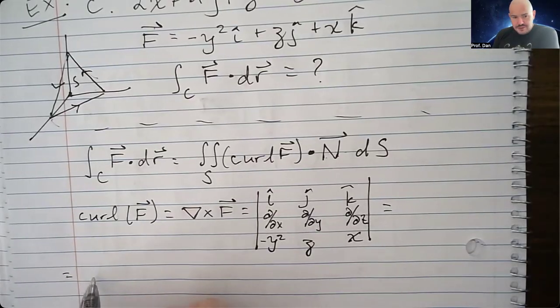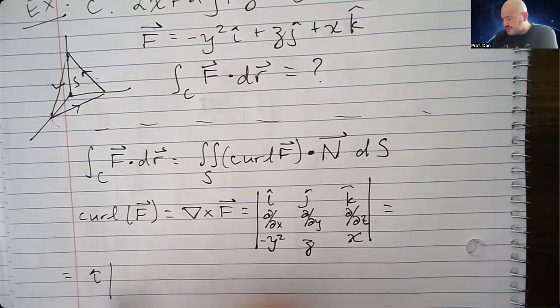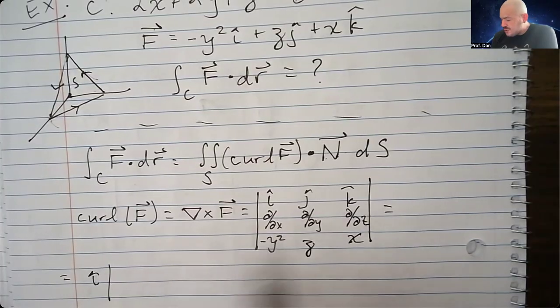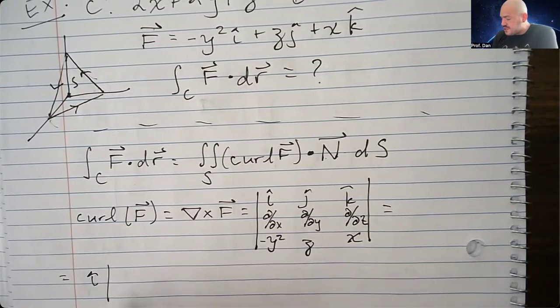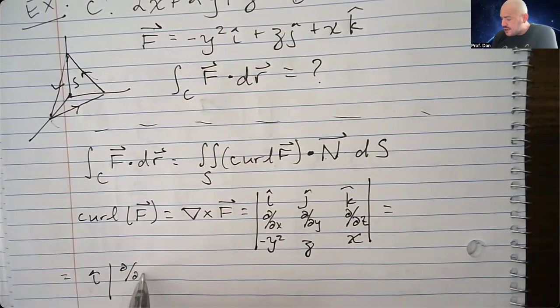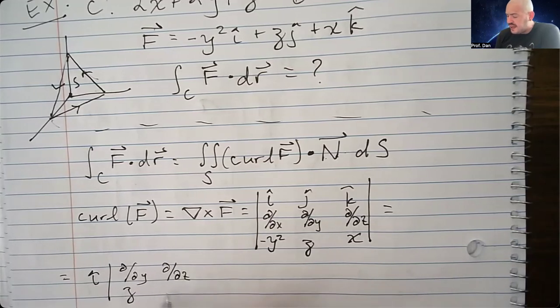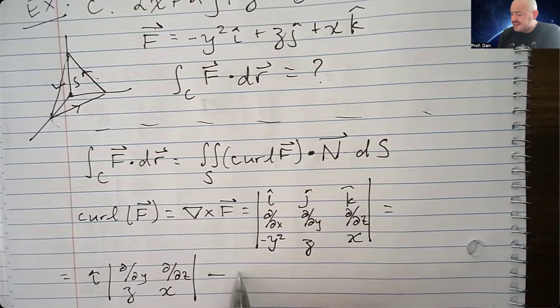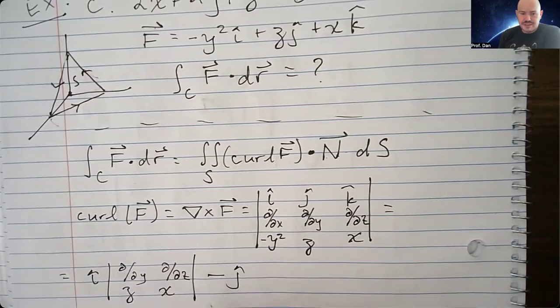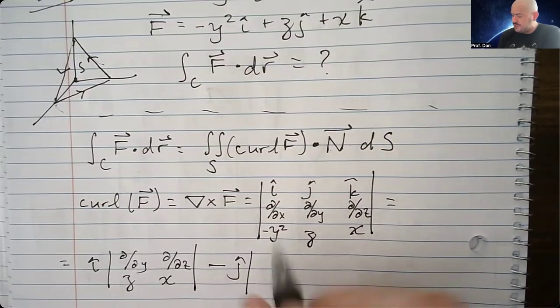Now I can write out my 2x2 matrices. Remember, you cover up first row, first column, and you get d/dy of z, d/dz of x, minus j. Never forget that minus, it will trip you up if you do.